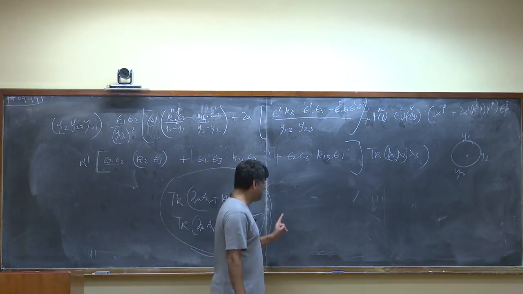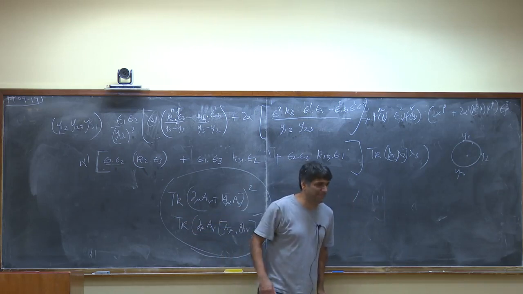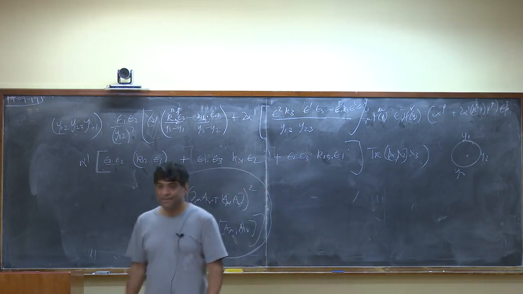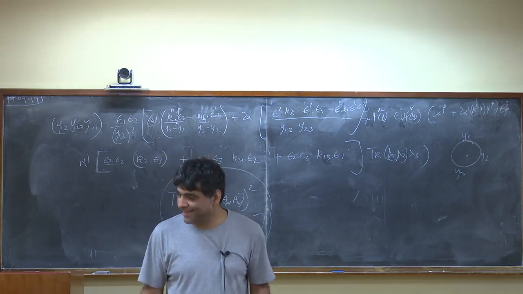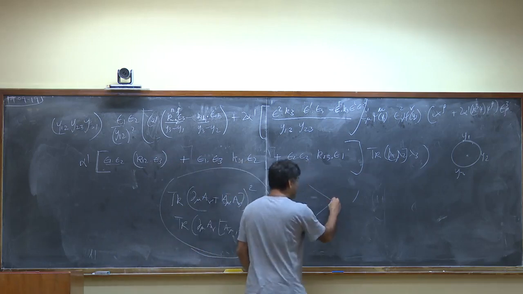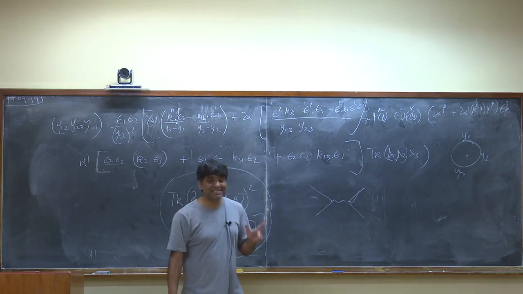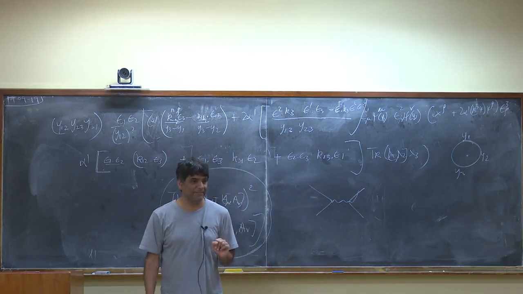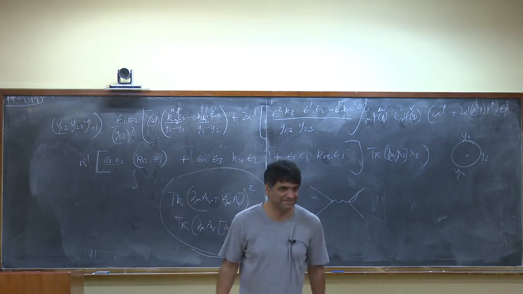If you compute the 4 gluon scattering, we'll compute 4 tachyon just now, it turns out that the index structure from that is also precisely the index structure from 4 gluon scattering of Yang-Mills theory.